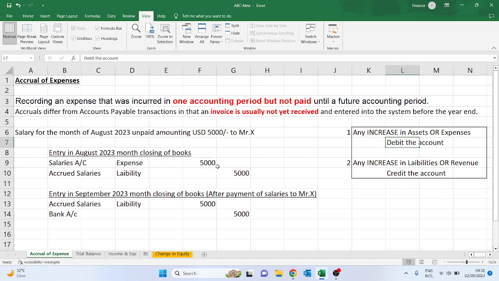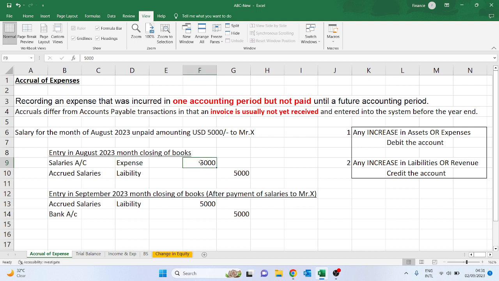So debit that account with $5,000, because his salary was already due in August. That is why we are debiting the expense account in the month of August with 5,000.